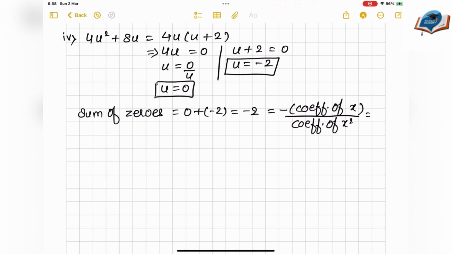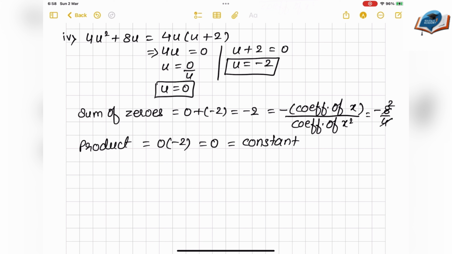So if you see carefully here, it is minus 8 upon 4, that is minus 2. And product 0 into minus 2 will be 0, which is equal to constant term. Constant term is not there, so I can write in place of constant term 0 also. So constant term upon coefficient of x square.